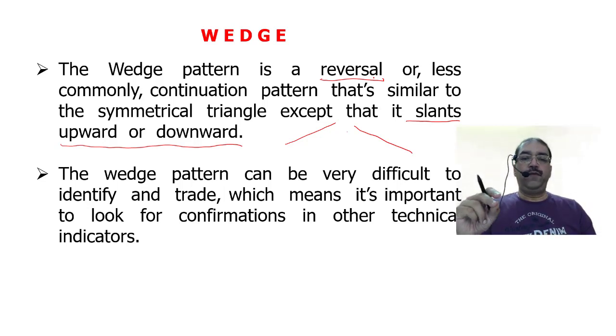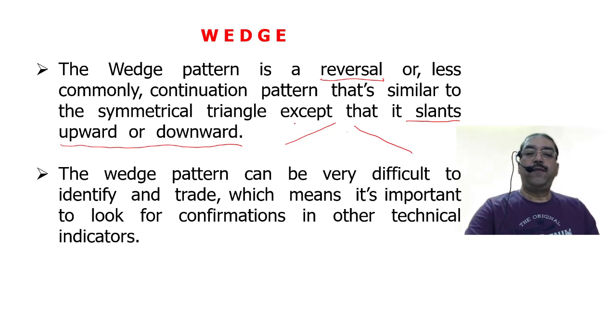Now we know the terms. Downfall means bear market. So we'll have a bear market which is going to follow immediately after a rising wedge. If I have a rising wedge, then it is going to fall. In the same way, if I have a falling wedge, then there is going to be a bull market in the future. So that means it is going to increase.